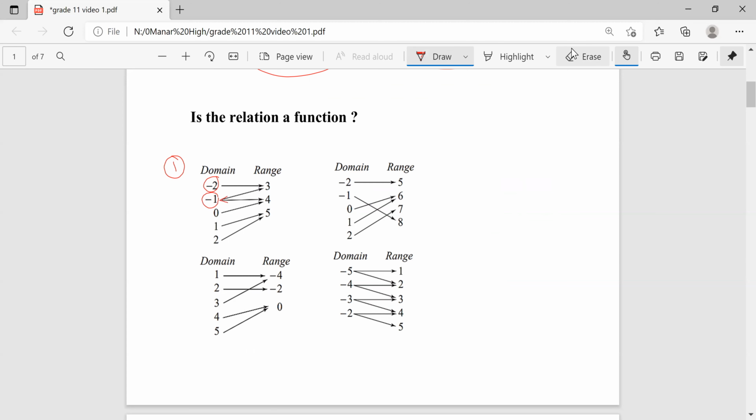So stop here. It's not a function. Okay, the other one: -2, 1 arrow. -1, 1 arrow. 0, 1, 2, all of them have 1 arrow getting out of them. So this is a function.